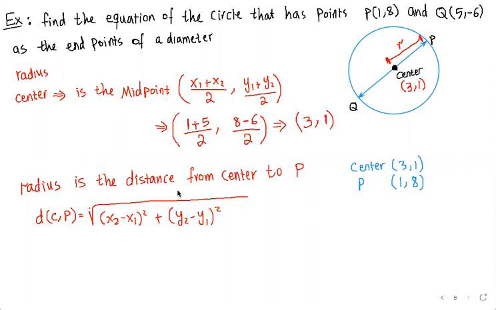You plug inside this formula. So x2 is 1 minus x1 is 3, squared, plus y2 is 8 minus y1, it's 1, squared.